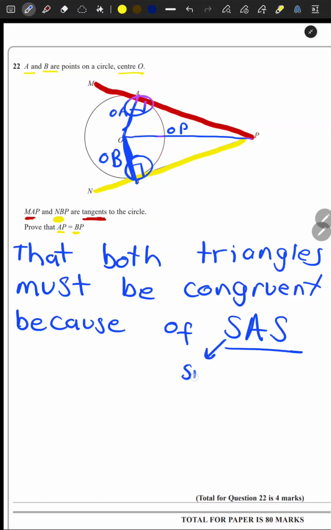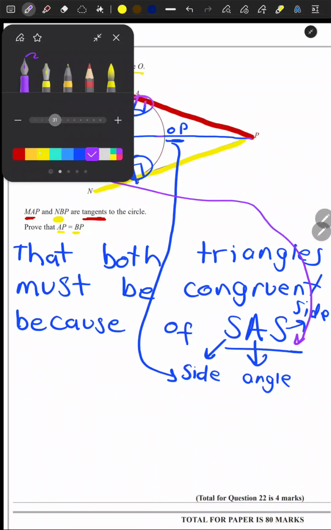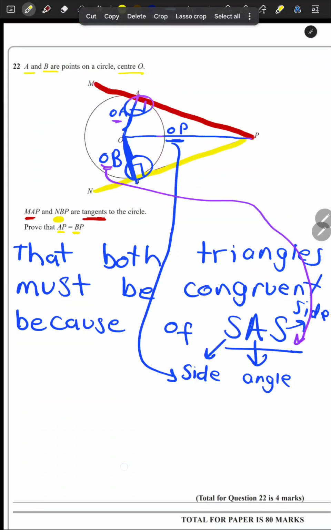SAS stands for side, angle, side. If we go back, we can see that OP is our equal side here, OA and OB are our other equal sides, and angle OAP and angle OBP are our equal angles here.